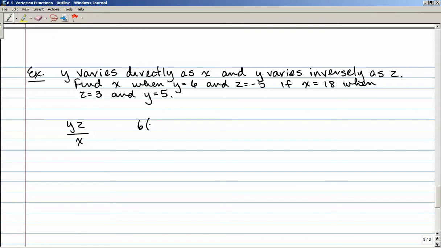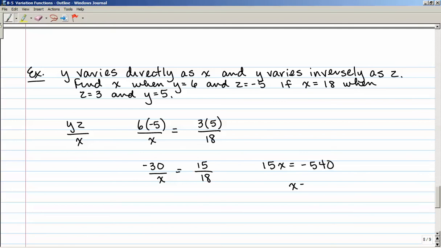So 6 times negative 5 over x is equal to 3 times 5 over 18. So negative 30 over x equals 15 over 18, or 15x equals negative 30 times 18, which is negative 540, or x is equal to negative 36.